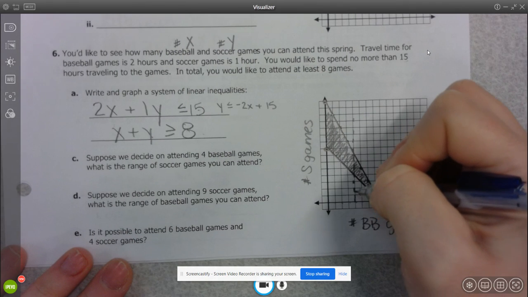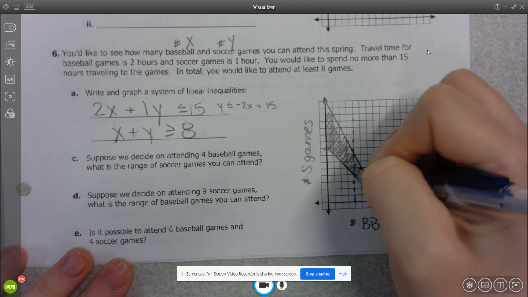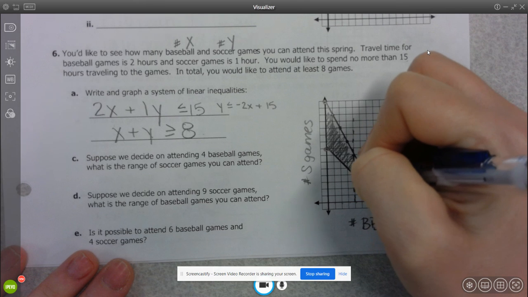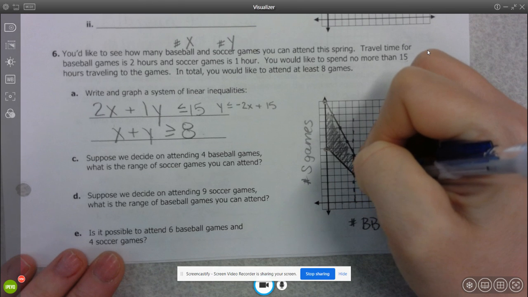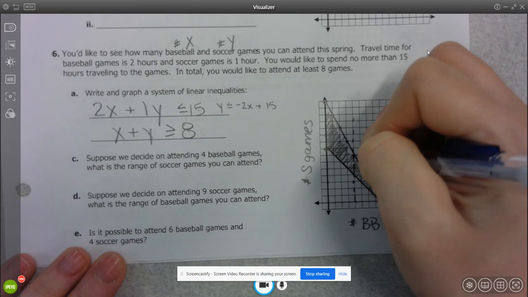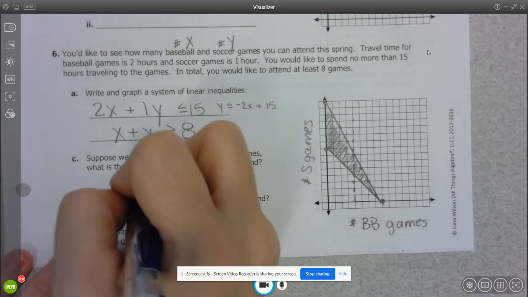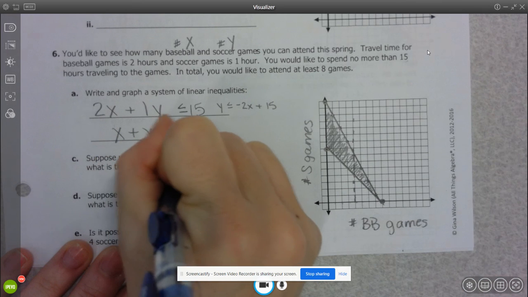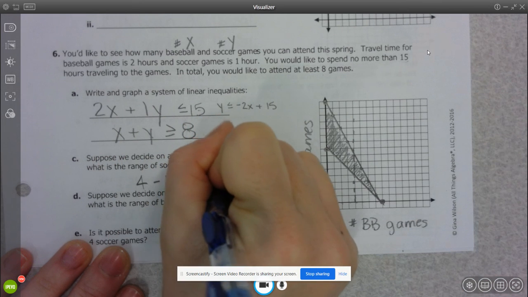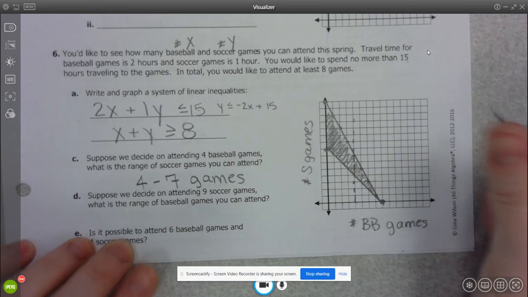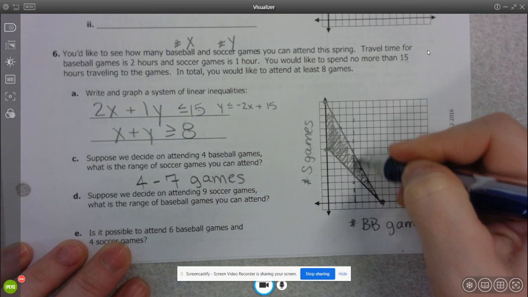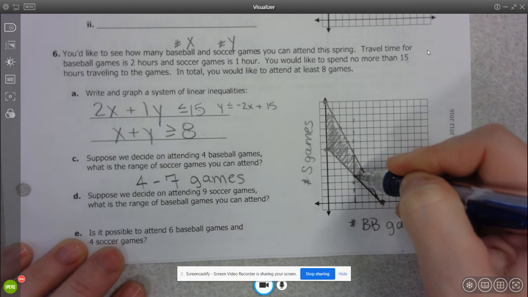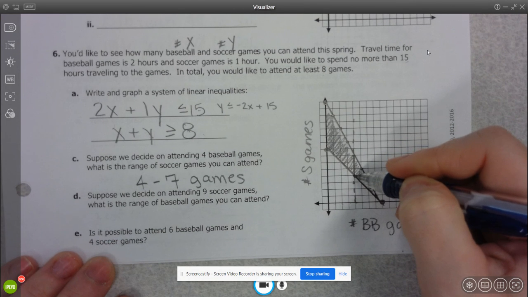So that would be 1, 2, 3, 4 soccer games, 5, 6, 7 soccer games. So I could go from 4 to 7 games because that's the space that's shaded in between where X is 4.